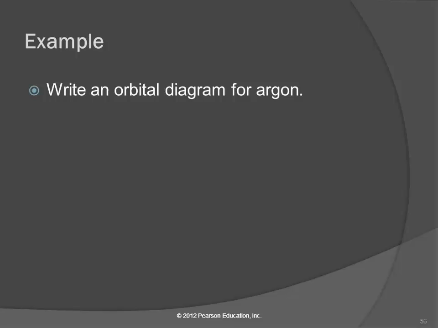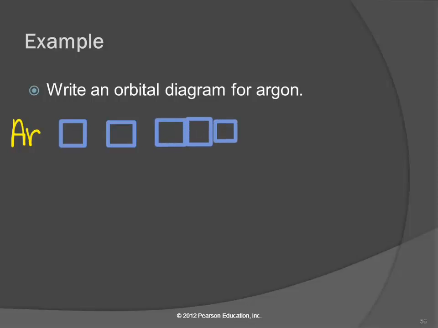Here's another example. Let's do an orbital diagram for argon. So let's just start out by drawing some boxes. That would represent 1s, and this is 2s. And then we've got, oops.